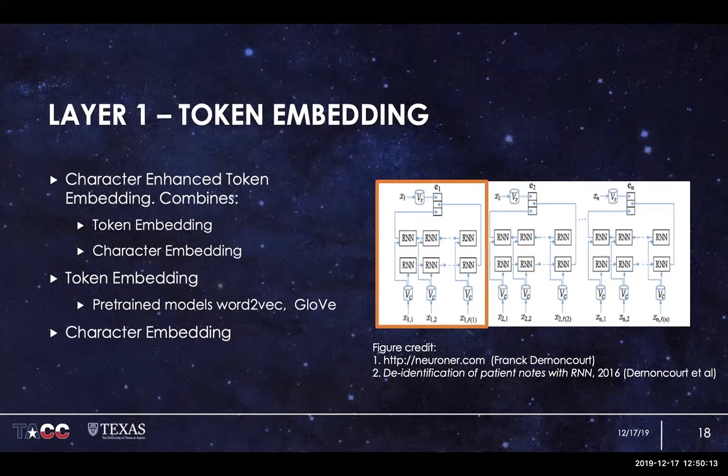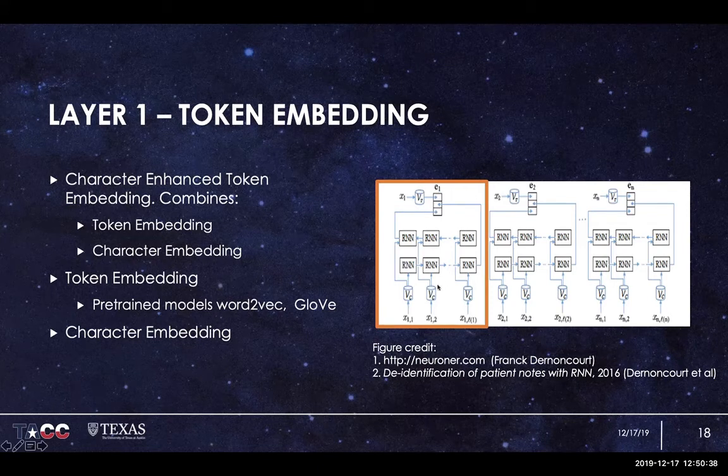So these are basically language models for words of the English language. And so that token gets converted to a vector representation according to these models.